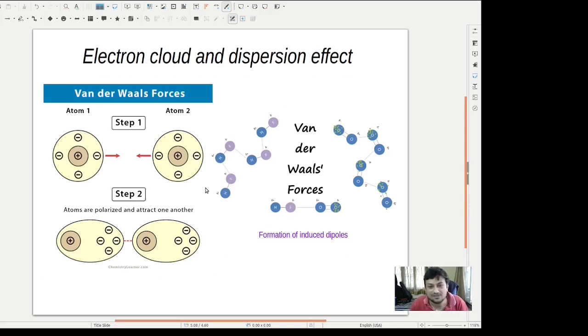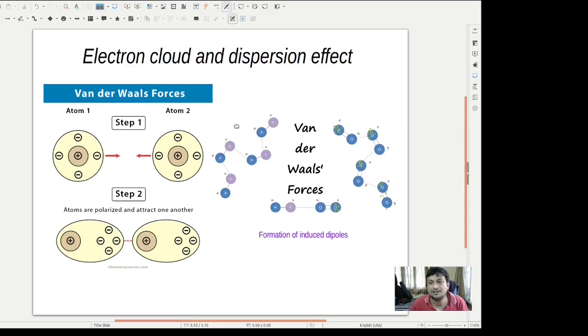When the atoms are far apart, for example in ideal gases or also in real gases with the ideal approximation, the electron clouds are symmetrically distributed around the nucleus, and when they come close, as I already said, there is an attraction between the nucleus of one atom and the electron cloud of the other atom.